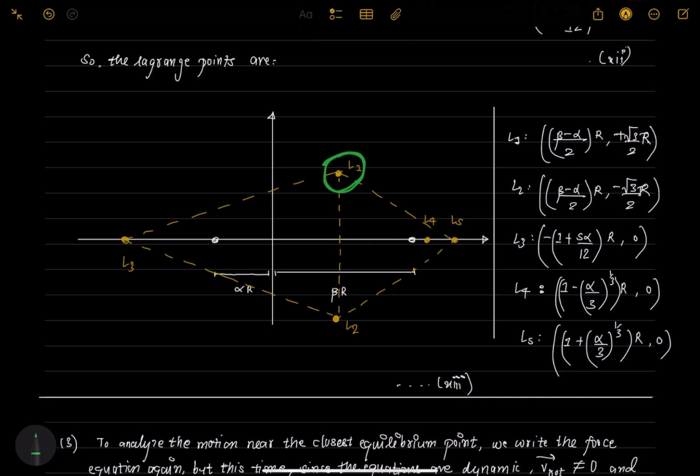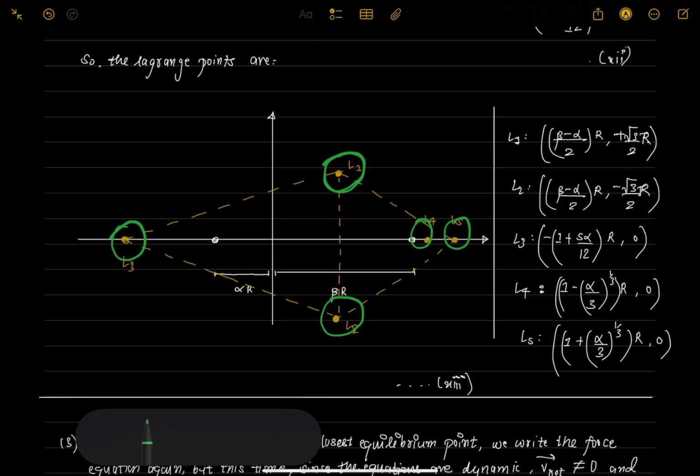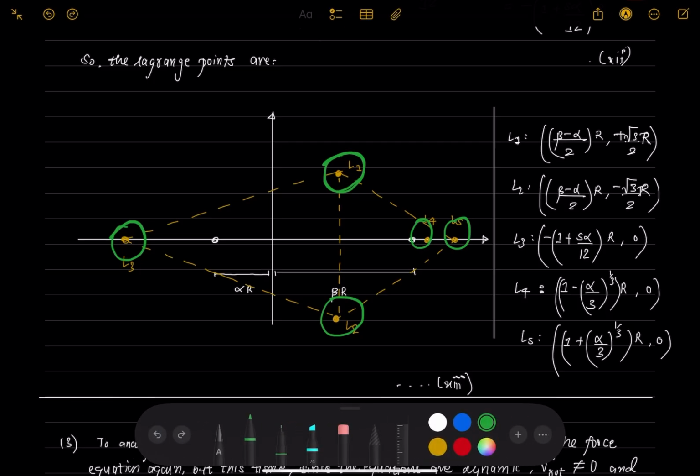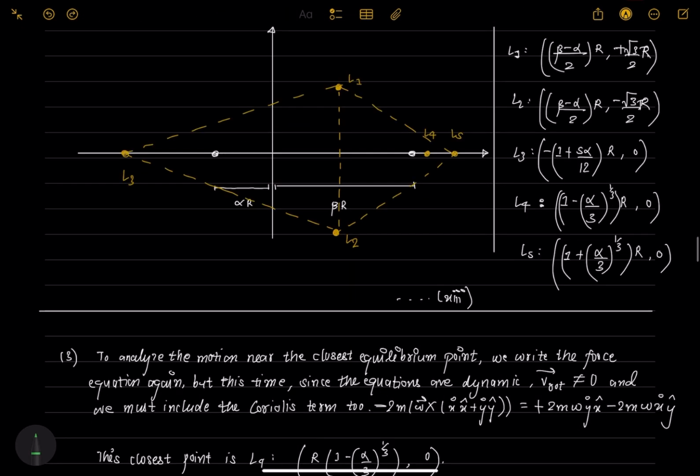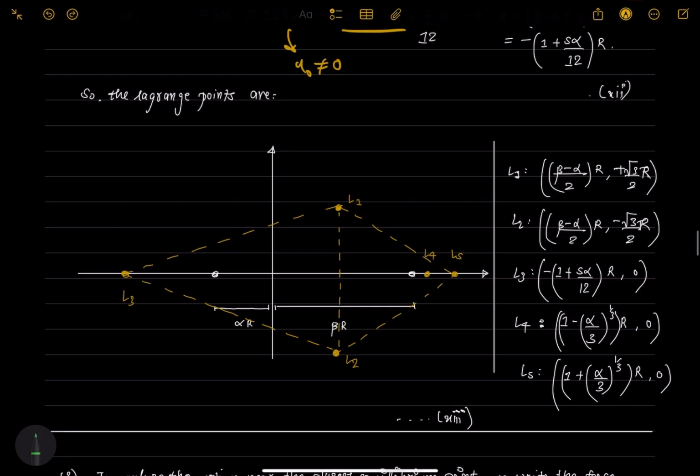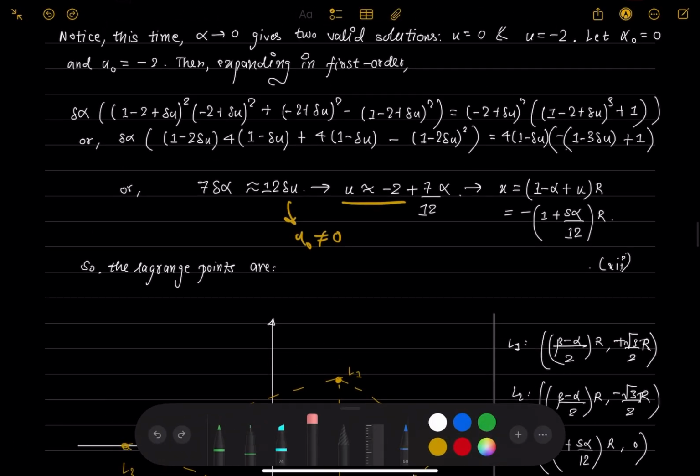I don't know, we're going to have to see that. L2 and L3, right? And L4 and L5, I've positioned them. The diagram is not to scale, but this gives a brief idea about where these points are and what shape they form, or what kind of polygon it looks like, connecting the vertices and including all of the Lagrange points, right? So that gives a picture of the Lagrange points right there.